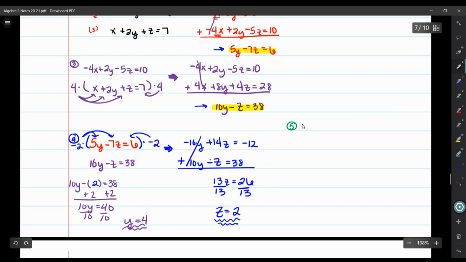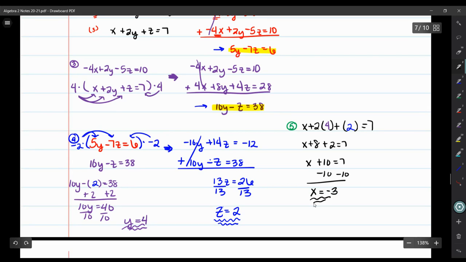So we have x plus 2 times y, which is really a 4, plus z, which is a 2, is equal to 7. And we're going to solve this guy for x. So we have x plus 8 plus 2 equals 7. 8 plus 2 makes 10. Subtract the 10 from both sides. And we end up with x is equal to negative 3.